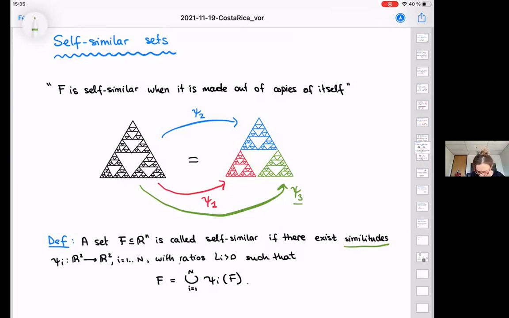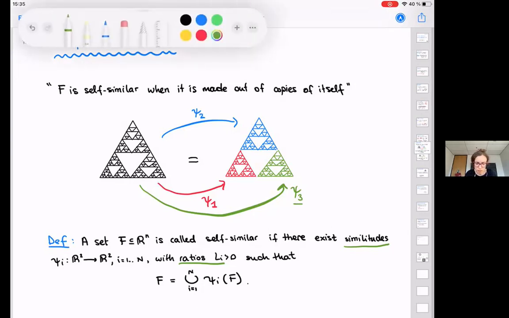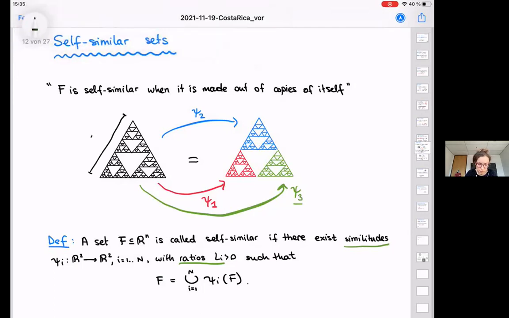And they have a ratio, and the ratio is by how much we are squeezing things. So what is the ratio of these mappings here for the Sierpinski gasket? Let us imagine for now that if I measure this as 1, how much is this?